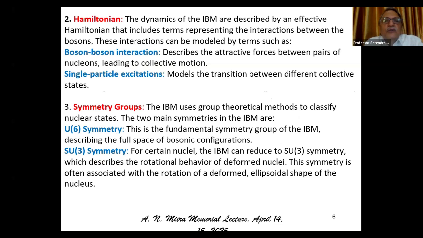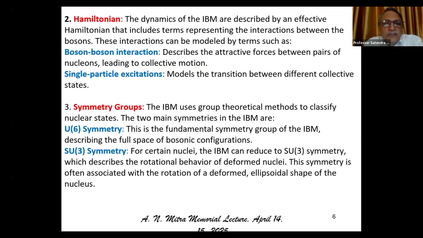Hamiltonian. The dynamics of IBM are described by an effective Hamiltonian that includes terms representing the interactions between the bosons. It includes boson-boson interaction and single particle excitations. Then symmetry groups. IBM uses group theoretical methods to classify nuclear states. There are main symmetries.